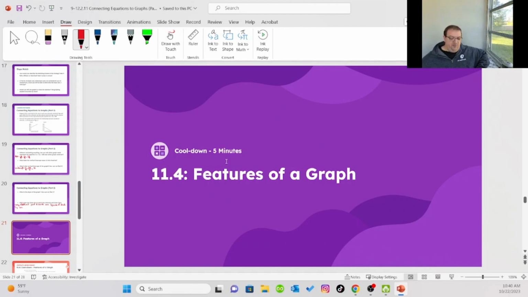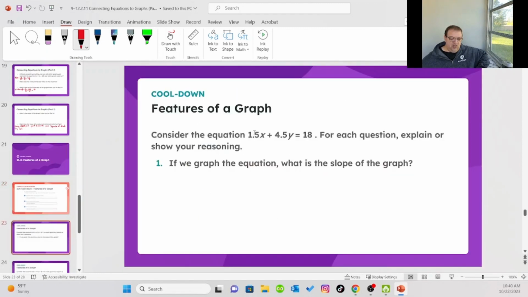So our cool down is 11.4, features of a graph. Consider the equation 1.5x plus 4.5y equals 18. For each question, explain or show your reasoning. If we graph the equation, what is the slope of the graph? Well, in standard form, slope is always equal to negative a divided by b.